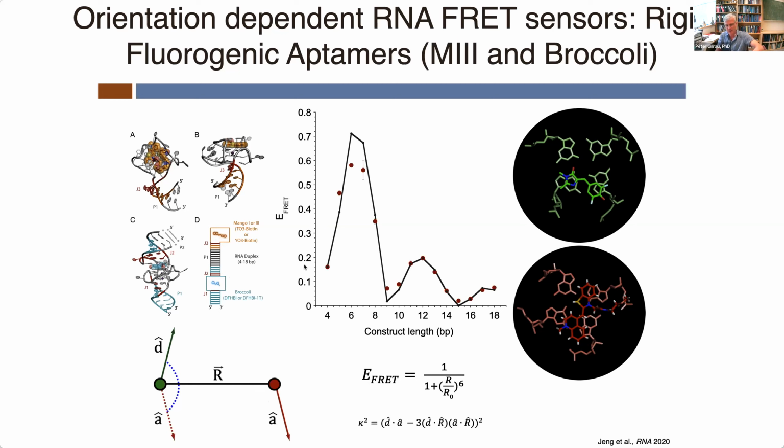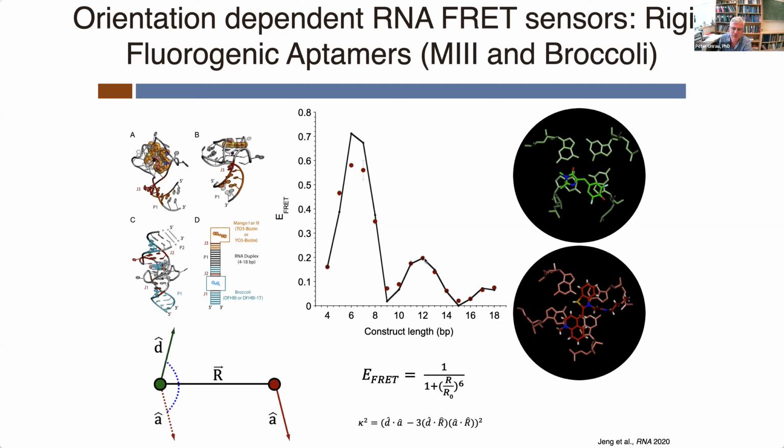And because these two fluorogenic aptamers have helical elements, and because the acceptor and donor dipoles are roughly speaking perpendicular to that helix, as you extend the helix, you'll go through periods where the two dipoles are parallel, and therefore the FRET will be maximal, or perpendicular, where kappa squared will be really small and minimal.